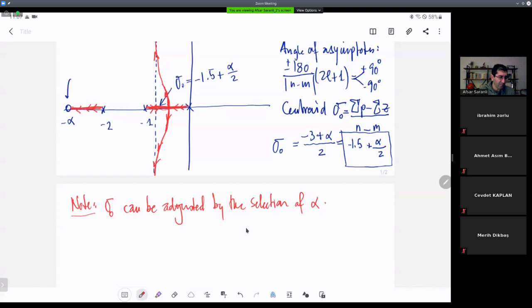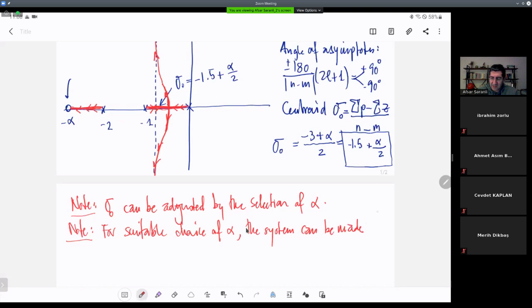Okay, so well, as another note, we can say for suitable choice of alpha, the system can be made stable, but with the advantage of zero steady state error.